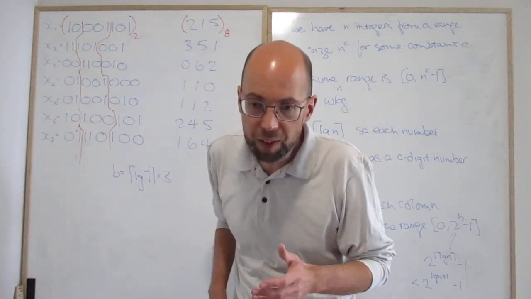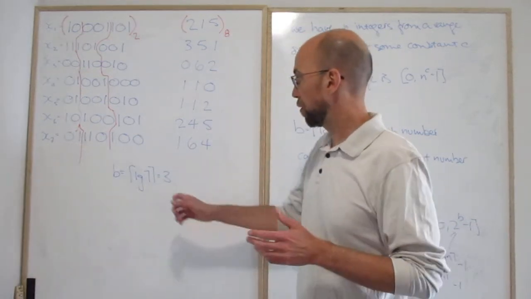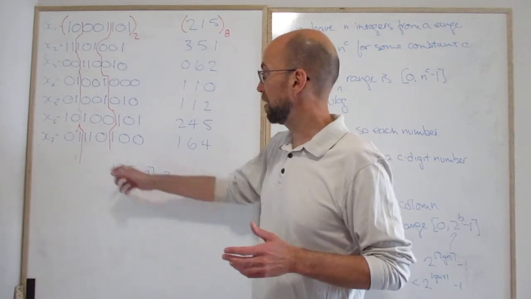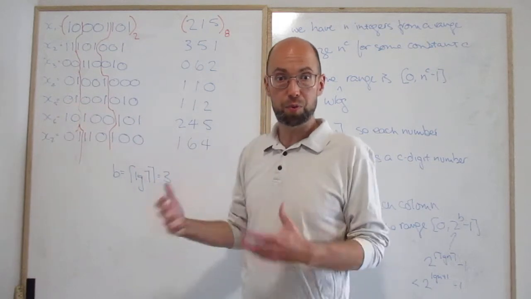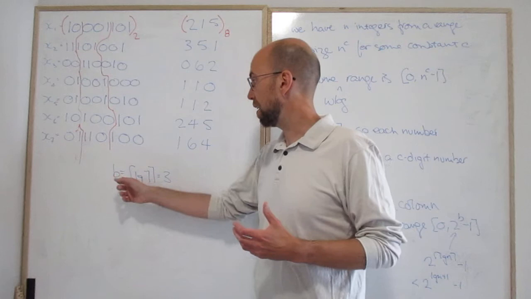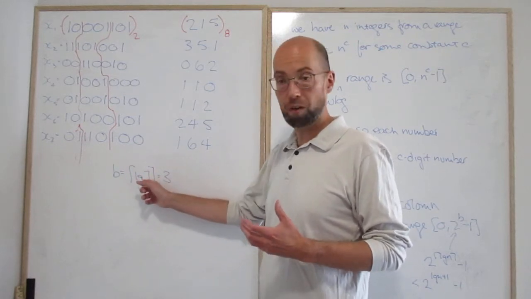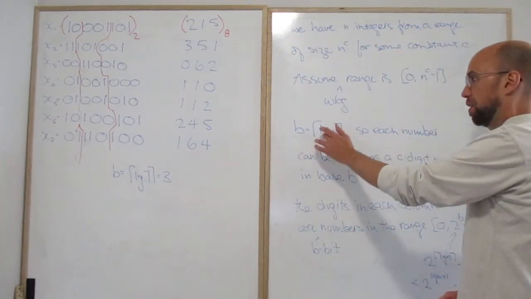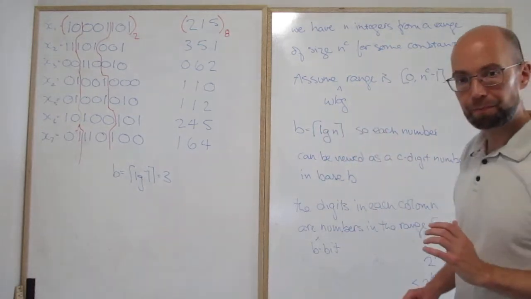Okay, how do you get number 7? Is it log base 2 of 7? So 7 here is the number of numbers, the number of input elements, right? So B is the ceiling of log n.